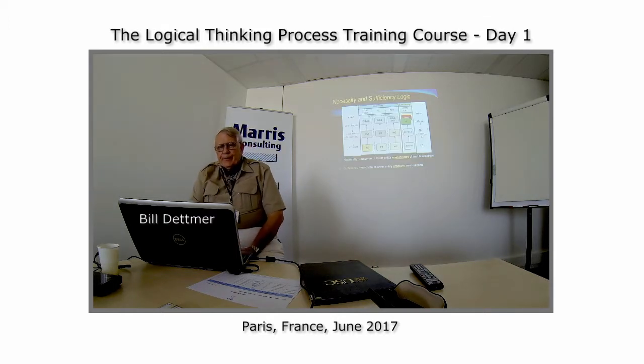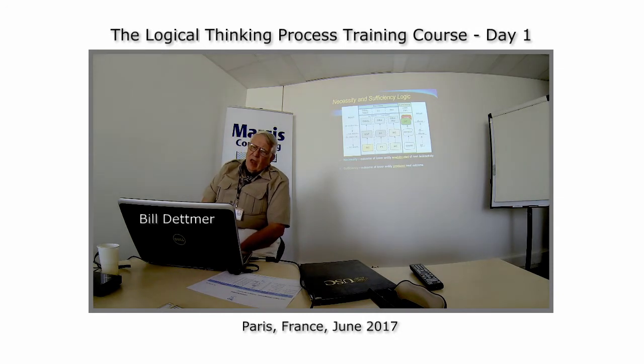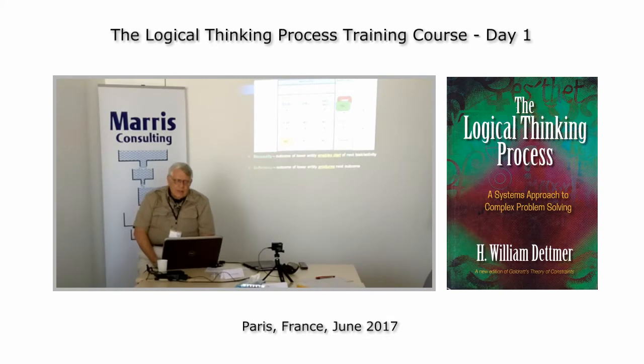Okay, there are 2 types of logic, if you will, that govern all of these trees. 3 of these trees, the goal tree, the evaporating cloud, and the prerequisite tree, are what we refer to as necessity-based trees. You start with the ultimate outcome and you read it from top to bottom.